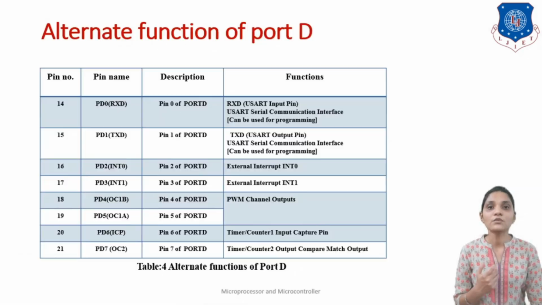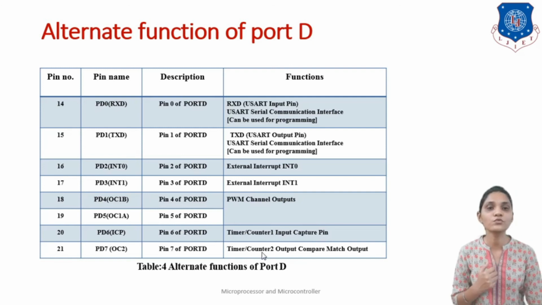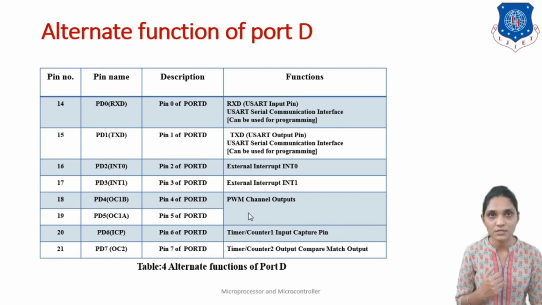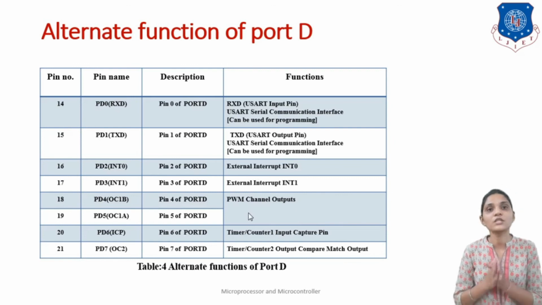Okay, then we have the last two pins, that is PD6 and PD7. PD6 is used for the timer counter 1 input capture pin, and PD7 is used for the timer counter 2 output. So basically port D is used for the USART protocol with the first two pins.